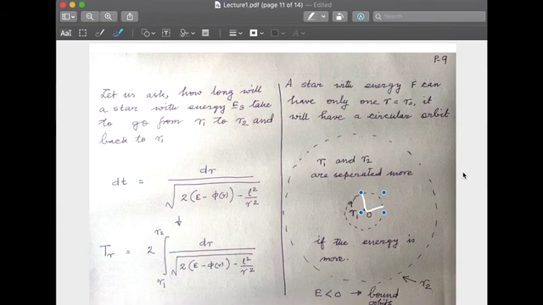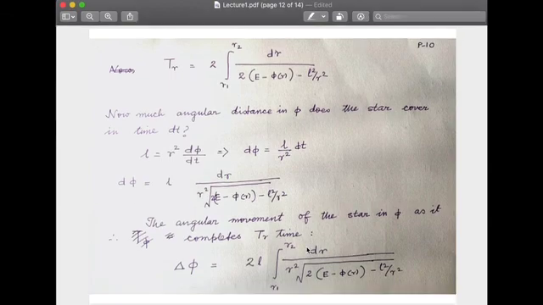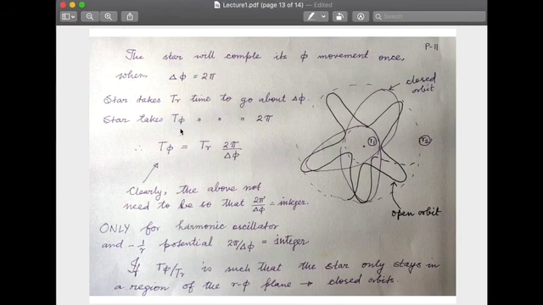So once I know that delta phi, then I can ask the question: how much is the delta phi for the star to go around in the orbit completely once? And that's obviously 2 pi, right? The phi coordinate changes by 2 pi as the star goes around all the phis.